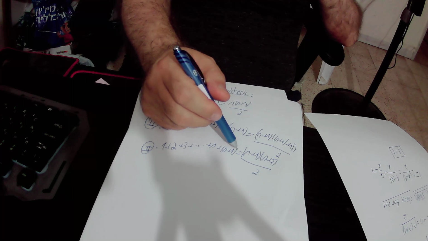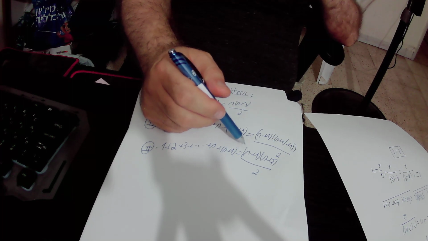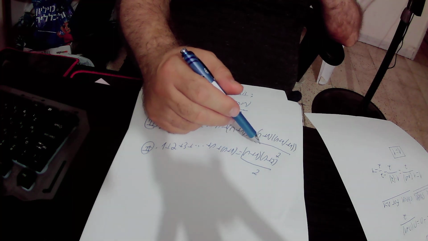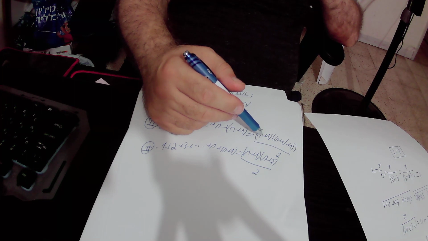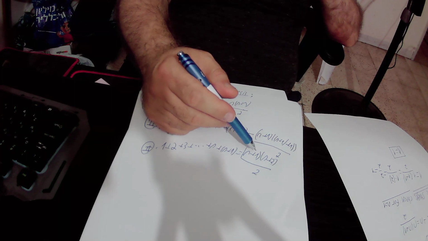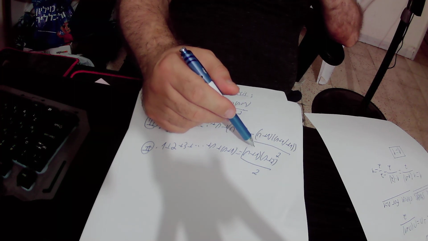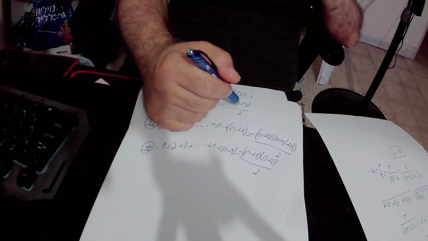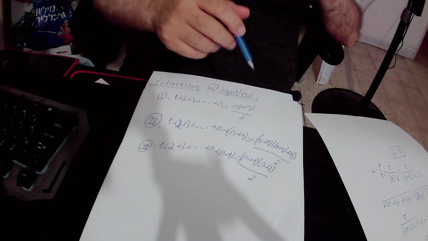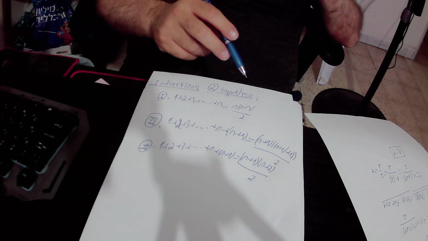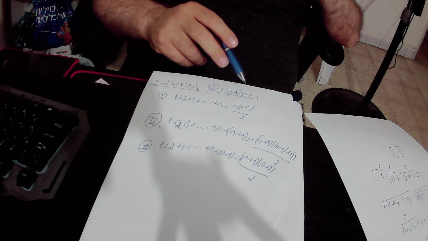here it equals to n plus 1 times n plus 1 plus 1, because this is the expression for n plus 1. So wherever it is written n in the original expression, we will write n plus 1. But in the original expression, it was n times n plus 1.